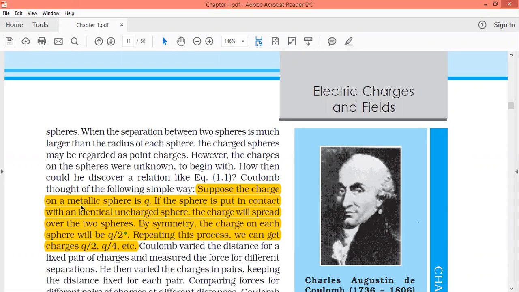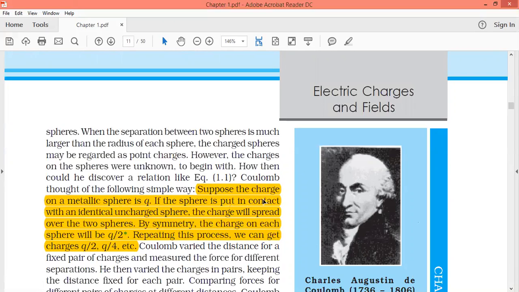Suppose the charge on a metallic sphere is Q. If the sphere is put in contact with an identical uncharged sphere, meaning we are taking two identical spheres, one having charge Q and another uncharged, then the charge will be spread over the two spheres.